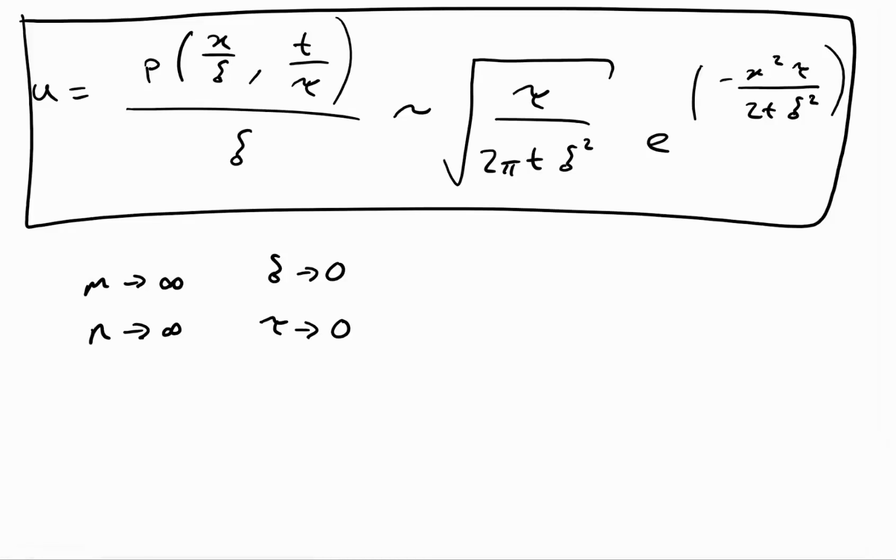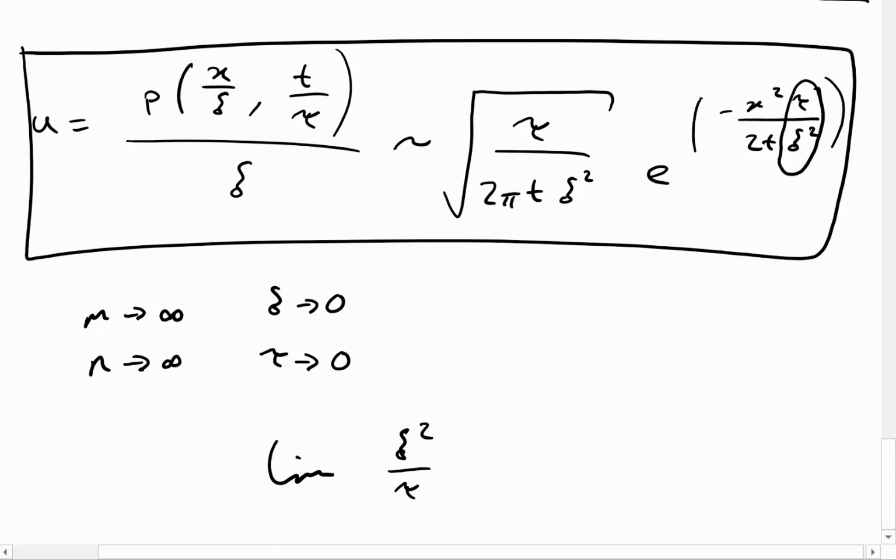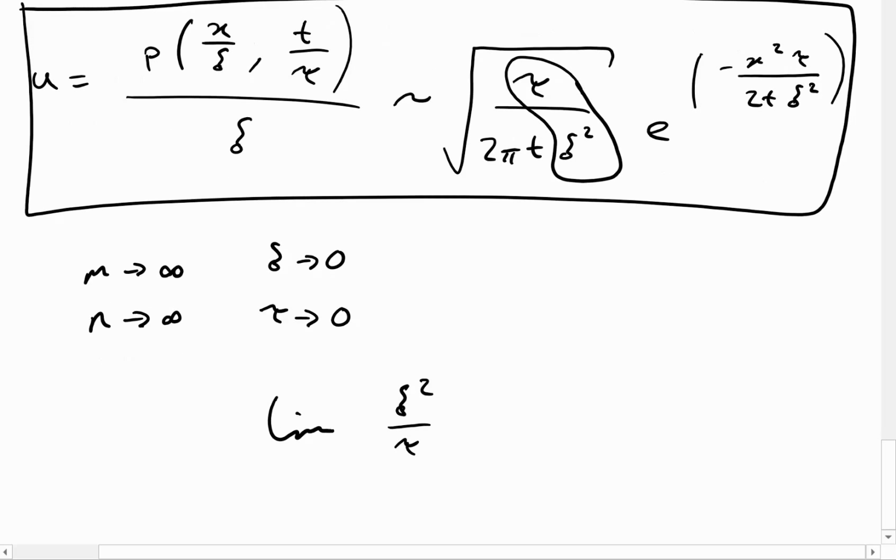Basically, if we take the limit of the ratio of delta squared over tau, hopefully you can see delta squared and tau in here, so we make delta go to 0 and tau go to 0, because that's what we're after.